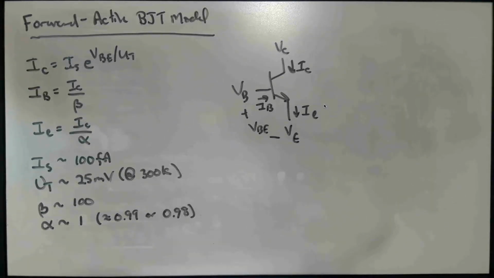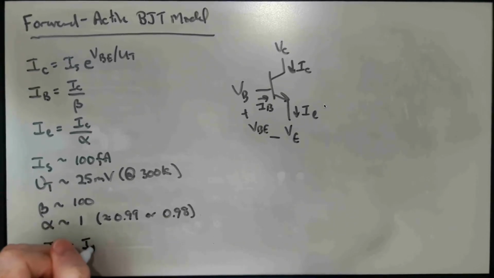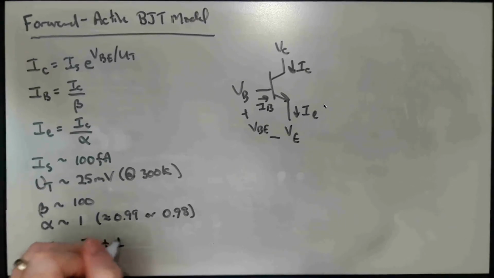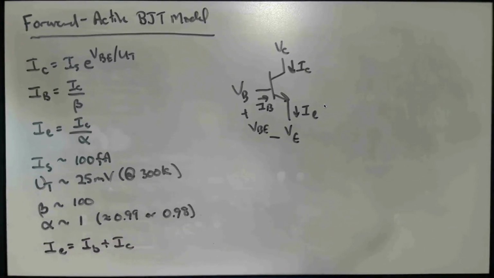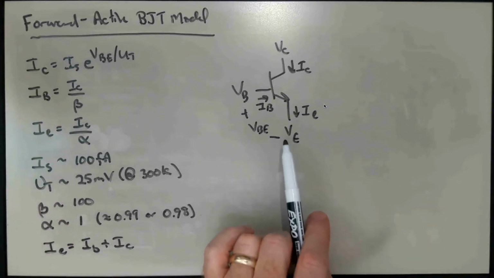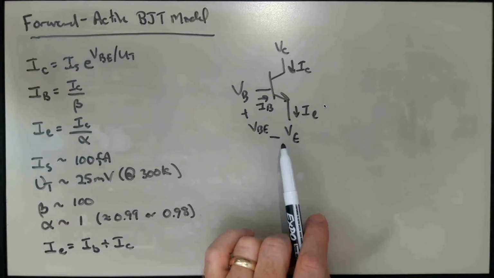And of course, the KCL relationship holds where we have that the emitter current is equal to the base current plus the collector current. And so these equations basically define what we call the forward active model of the bipolar transistor.